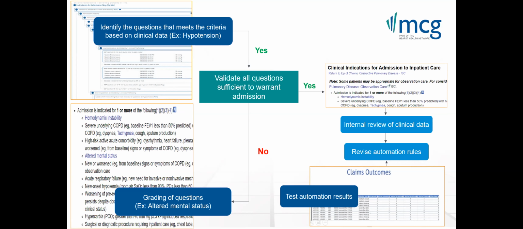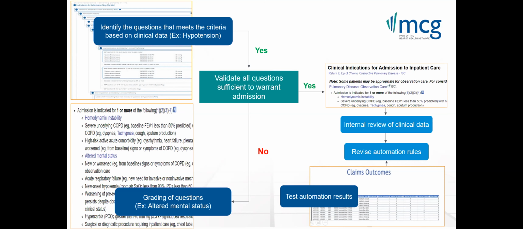So when we were talking about that iterative process where we take data back, we capture the results that you see in that upper left-hand corner there from the patient's results, and we vet those with our content subject matter experts to say, given this collection of data, is this in fact sufficient to describe medical necessity in the context of this criteria or indication?